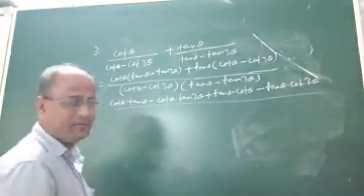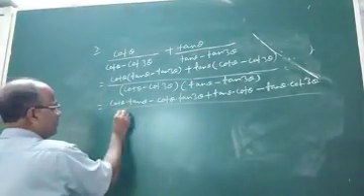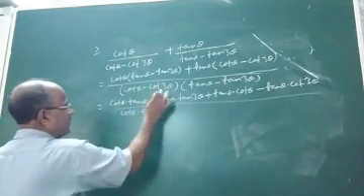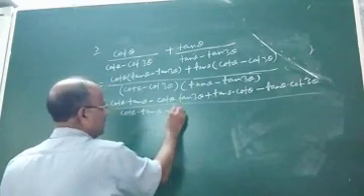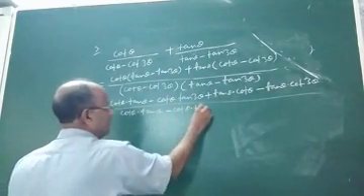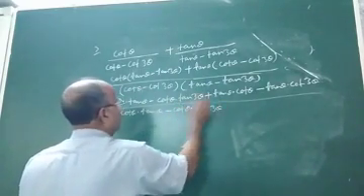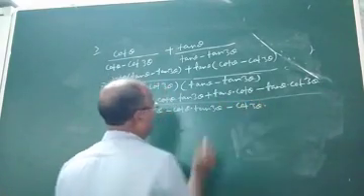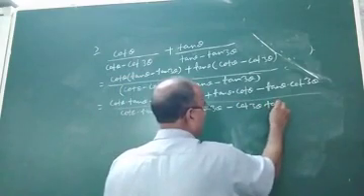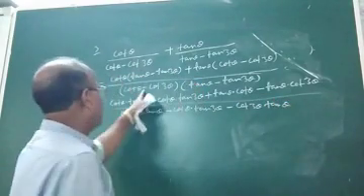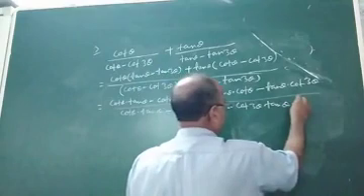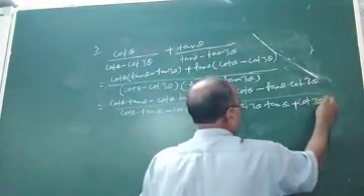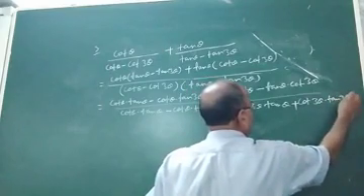It will be cot theta into tan theta, minus cot theta into tan 3 theta, then minus cot 3 theta into tan theta, then minus times minus gives plus, cot 3 theta into tan 3 theta.